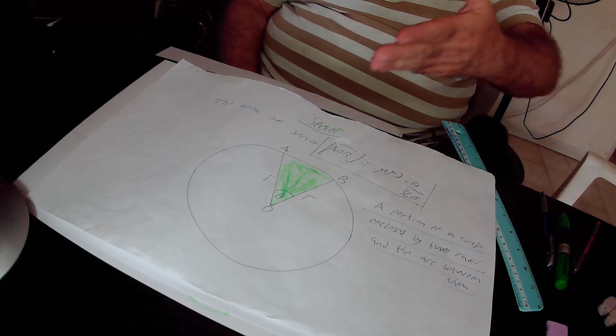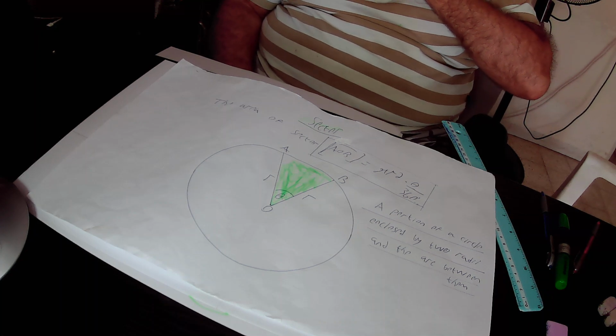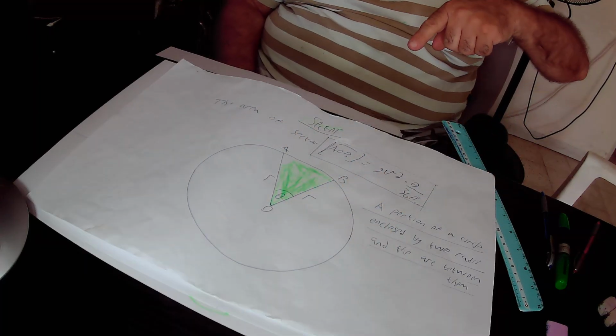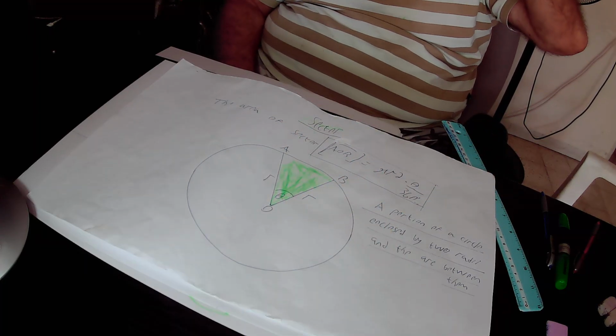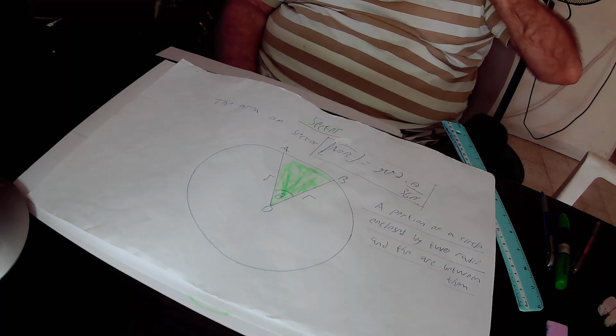So what is the area of this sector AOB? The area of sector AOB equals the area of the circle that contains the sector, that is pi r squared, where r is the radius, times the angle between the legs of the sector, that is theta, over 360 degrees.